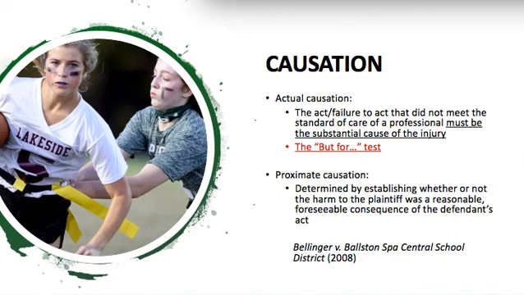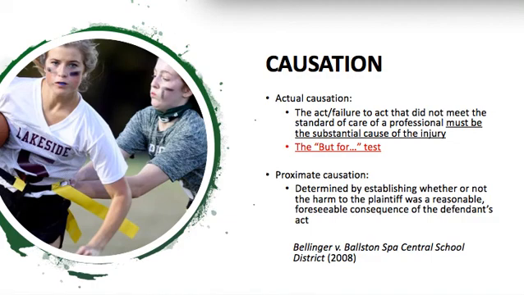This was a case that occurred at a school district. It was a PE class for 5th grade girls. And during this particular day of PE, the students went outside. The PE teacher had the girls play flag football. He stepped away from the field where they were playing, went to his office briefly, and while he was away, two of the girls collided on the field and both suffered some head injuries as a result of the collision.